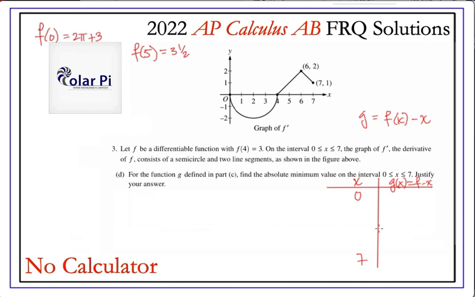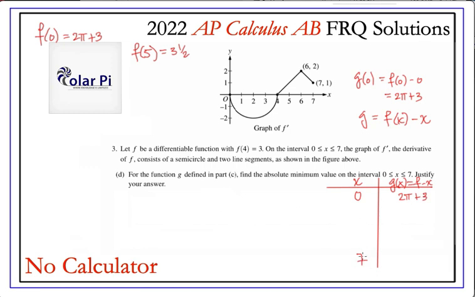Okay, so what is the value of g at 0? g of 0 is equal to f of 0 minus 0, because g of x is f of x minus x. And f of 0 we already calculated was 2 pi plus 3, and minus 0 keeps it as 2 pi plus 3, right? Okay, cool. That's a positive number.